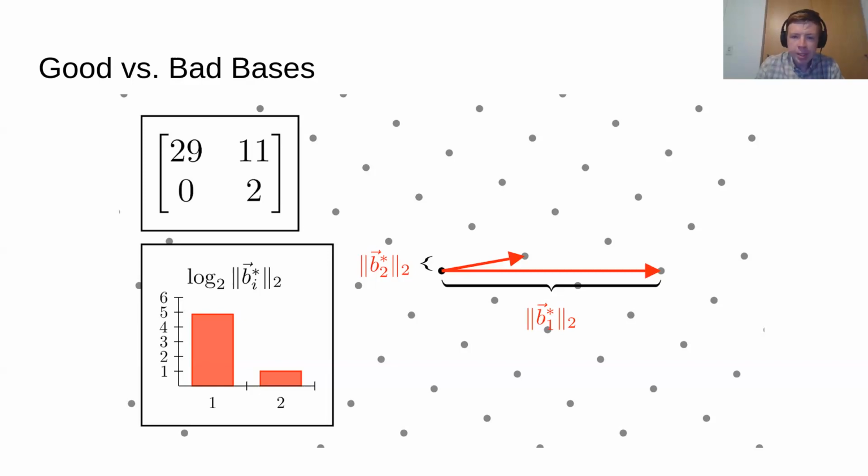So here's the bad basis from before. We have the first vector b1 here on the horizontal axis. And then for the second vector b2, we look at its perpendicular component, so its vertical component, taken orthogonal to this first vector. Then we take these two orthogonal vectors and take their log.